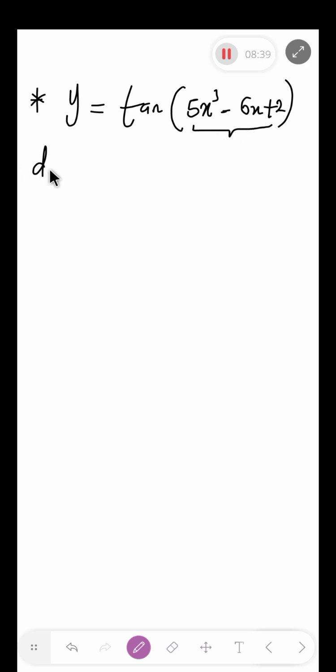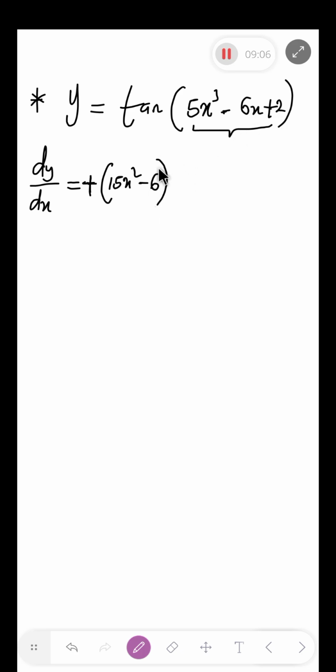Since I've been able to memorize that table, I already believe that tan is always positive. This is my function. The second step is to differentiate that function. So if I differentiate this function, I should have 15x squared. If I differentiate minus 6x, I should have minus 6. Then plus 2 will give us 0.